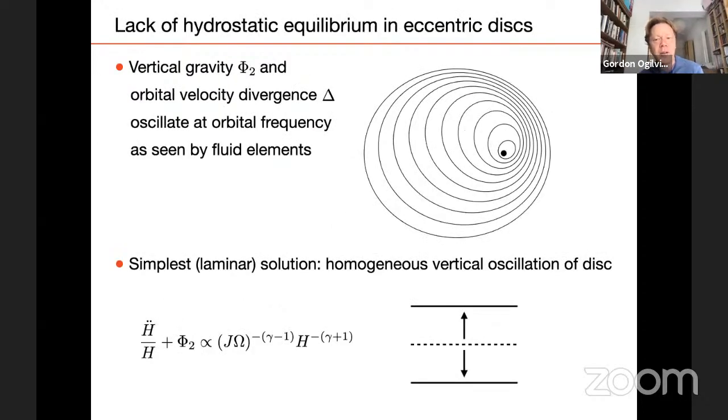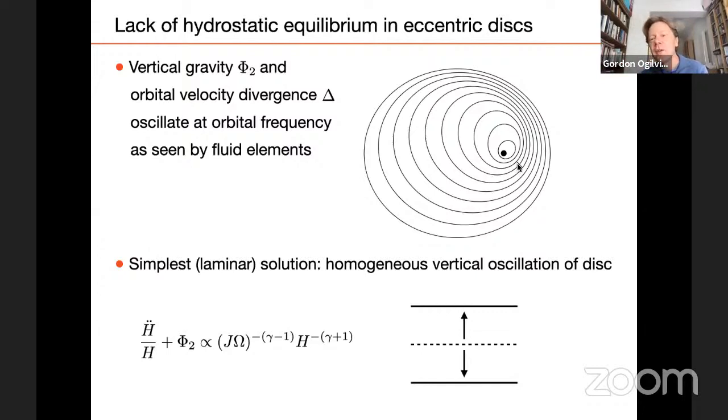Now, in eccentric disks, there's another important phenomenon that as the fluid flows around an elliptical orbit, of course, its distance from the central object varies at the orbital frequency, and therefore so does the vertical component of gravity, which is compressing the disk.